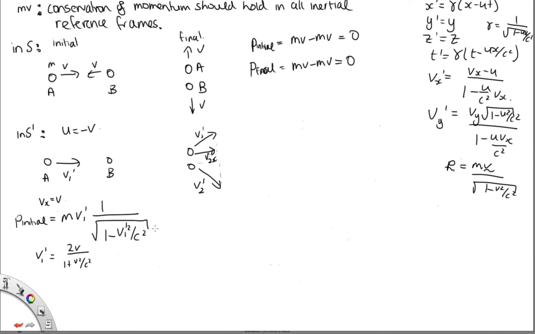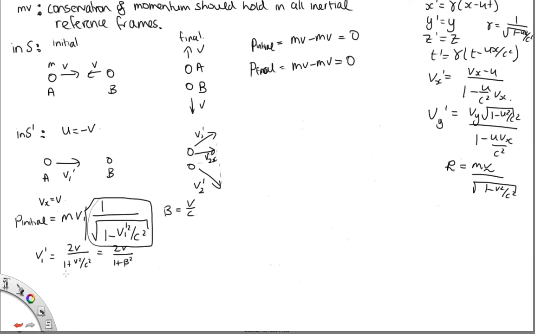Now, a useful thing to do is to start using beta. In special relativity, beta is often used to represent v on c. So we can write v1 prime is equal to 2v over 1 plus beta squared. So let's just work out what this thing is in terms of beta.